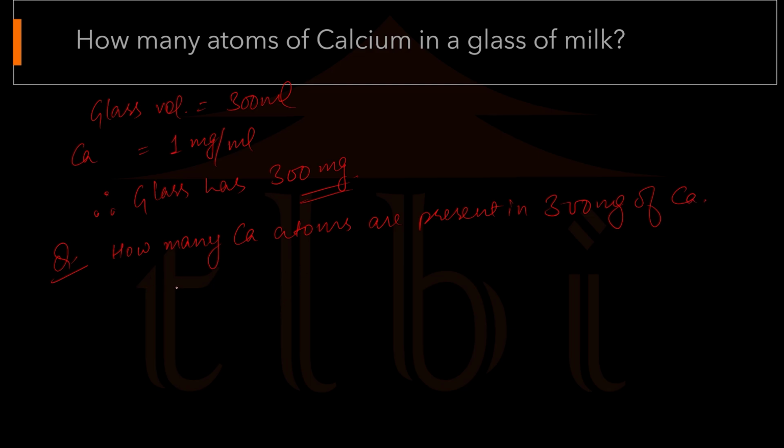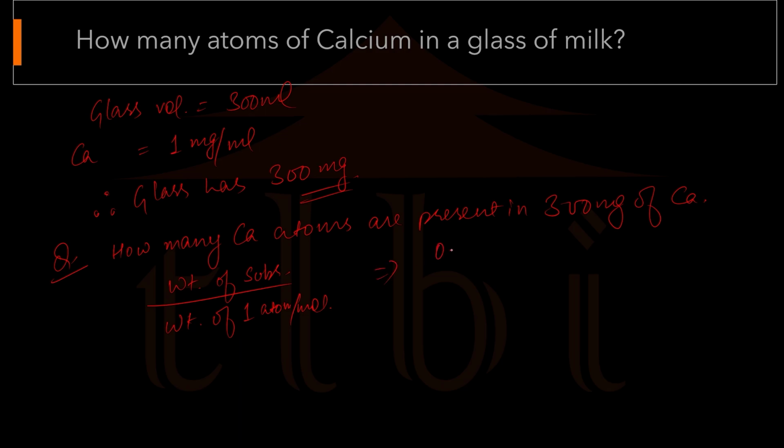So like we have calculated for previous examples, you have to take weight of substance divided by weight of one atom or molecule, right? So how do we do that?